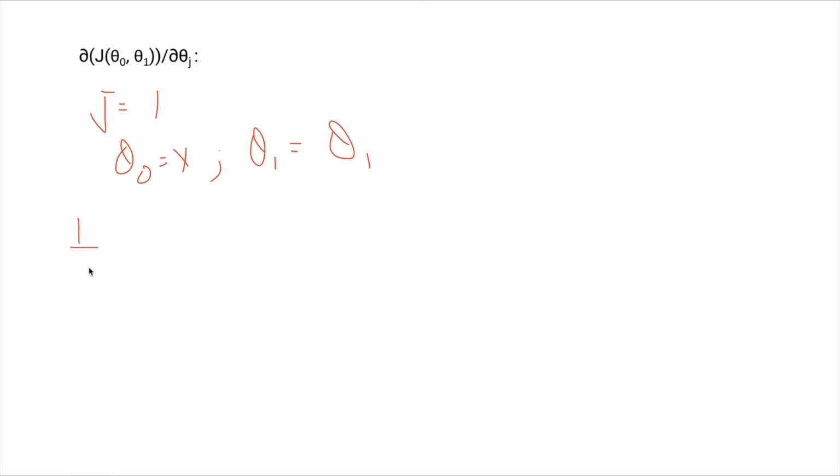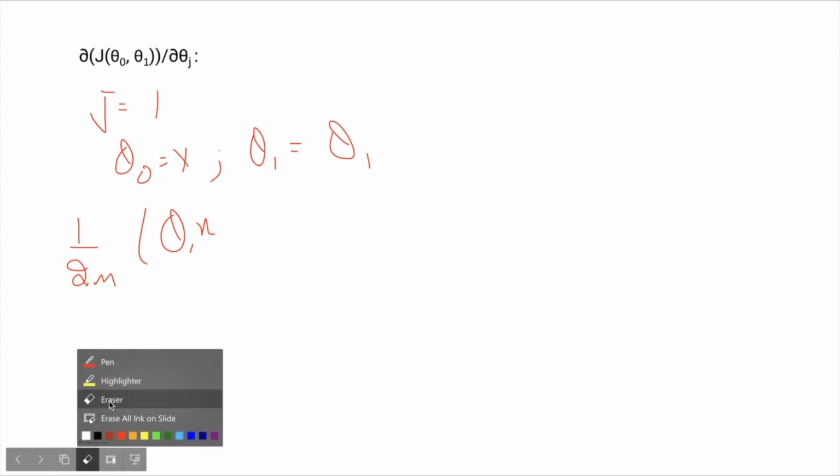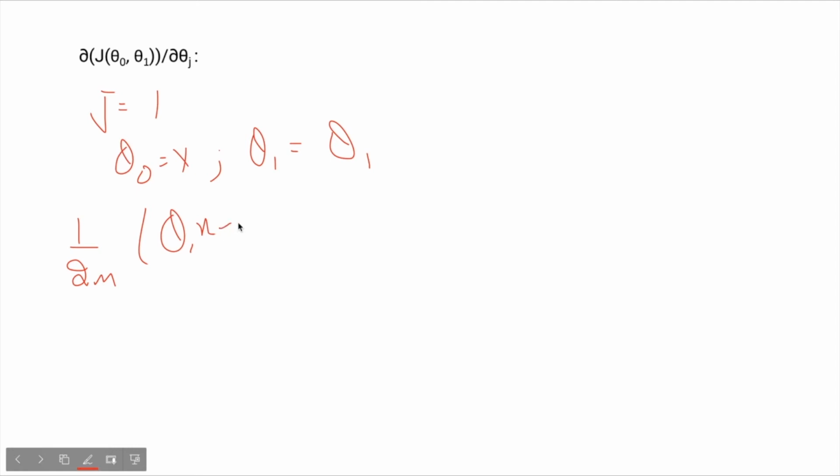So the derivation will be 1 over 2m times theta 1 x plus, sorry, it's my mistake, theta 0 will come here, minus y, to the power 2. Now you will ask, what's the difference? Here 2 times x will come, because the power of 2 comes down when we differentiate.